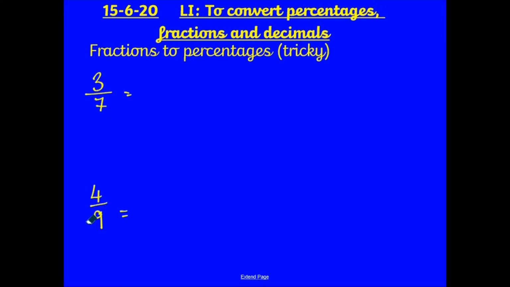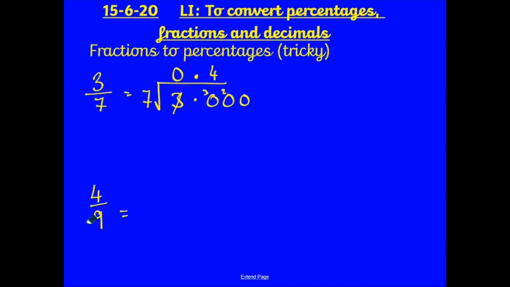Now again, it can get a little bit trickier with getting fractions to percentages. And I'm going to use the same logic that I applied to get to decimal numbers. So what I'm going to do is 3 divided by 7. Put in my decimal places, and I don't need to go any further than 3 decimal places here. So I'm going to start with a 0. So 30 divided by 7. 7, 14, 21, 28, that is 4.